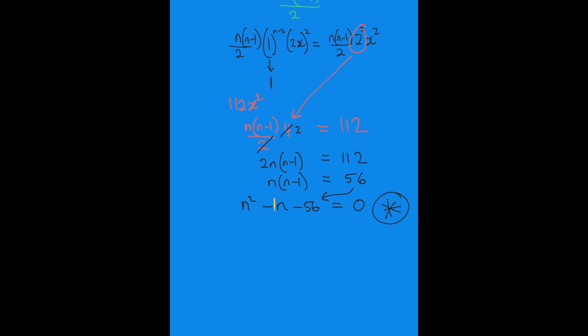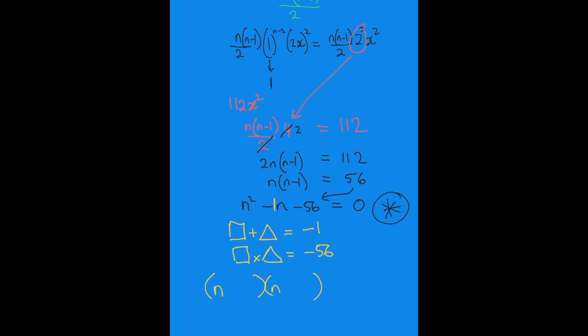So you know that for the roots, we have to have 2 numbers added together equal to -1. And these same 2 numbers multiplied together need to equal -56 in order for us to come up with a solution here for n.